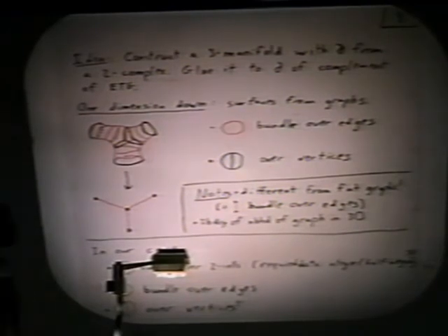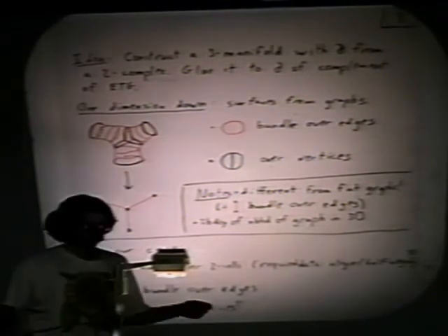So let me be a little more explicit about how we construct an operation. Given the two complex, how do we construct an operation on trivalent graphs? The idea is to find some three manifold which will glue into our original three manifold to get a new one.